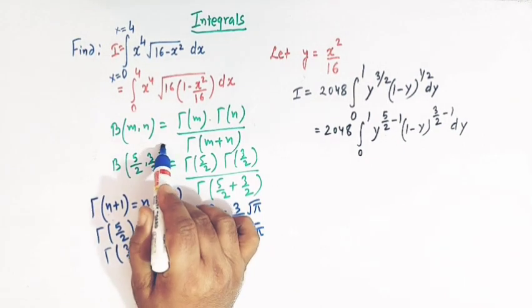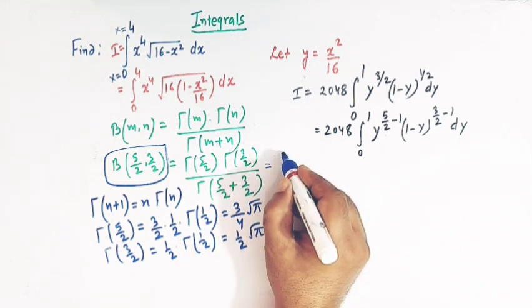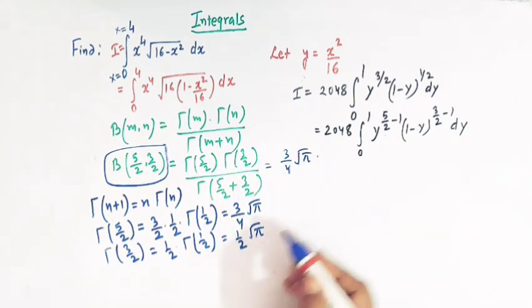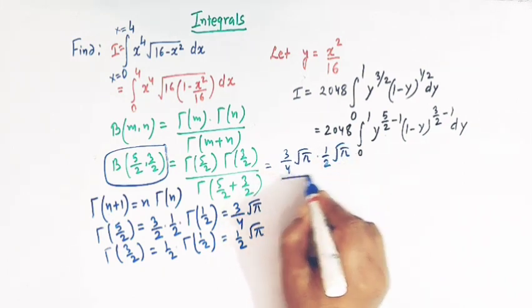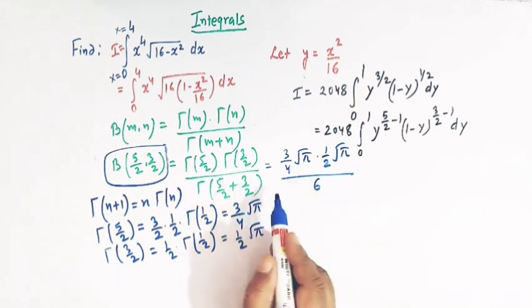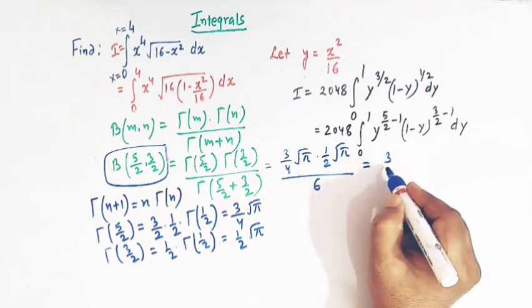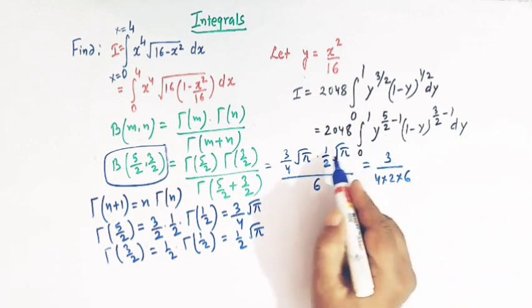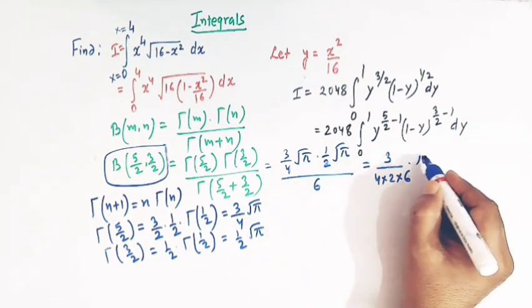So viewers, the value of this quantity is now 3 by 4 square root of pi, and here we have half square root of pi, and in the denominator we have 6, that is 3 factorial, that is 6, right? So this is 3 divided by 4 times 2 times 6, and here we have square root of pi times square root of pi, that is pi.